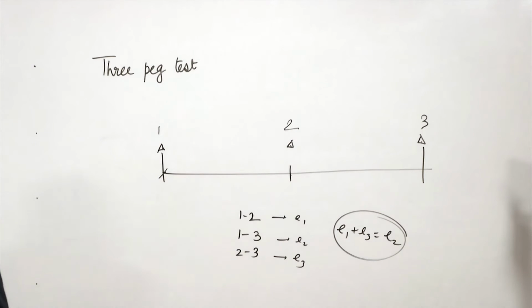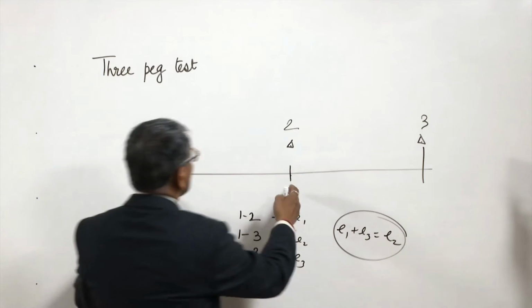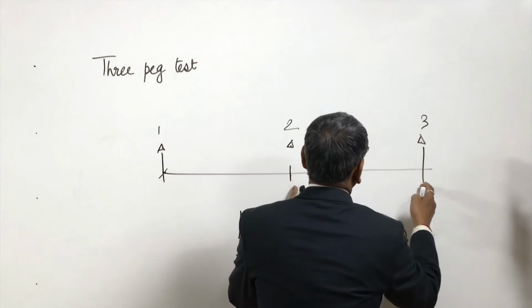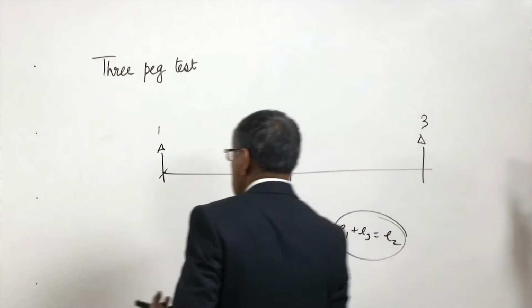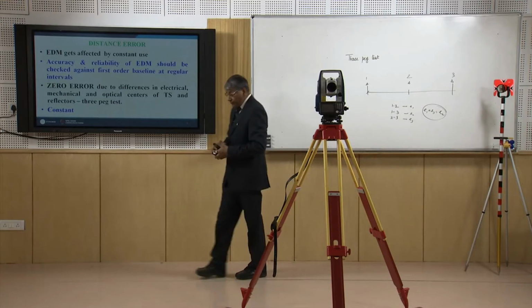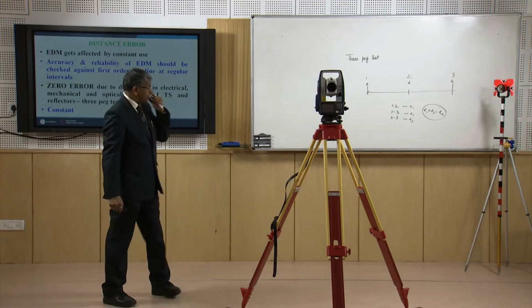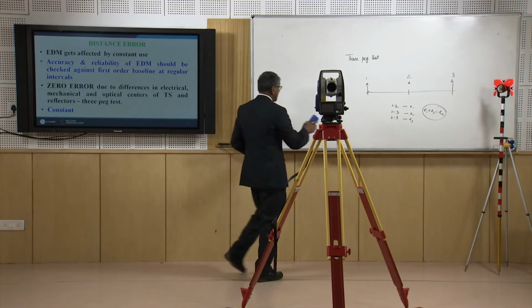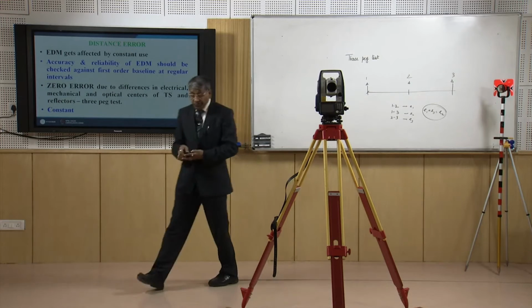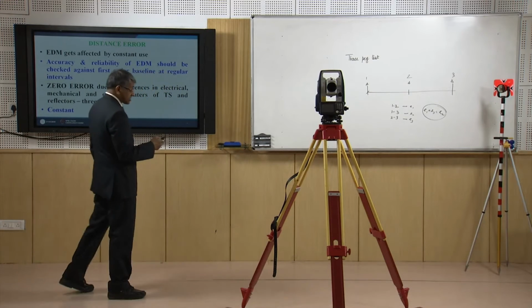So the error in measuring distance from 1 to 2 plus the error from 2 to 3 should be equal to the error in measurement between 1 and 3. From that we can compute the amount of error that is associated with the zero error, and this error is actually constant.